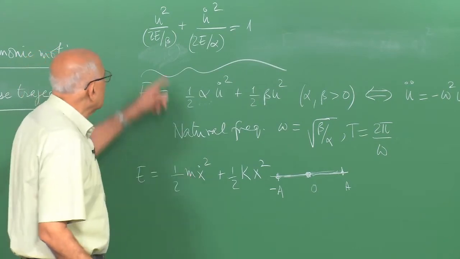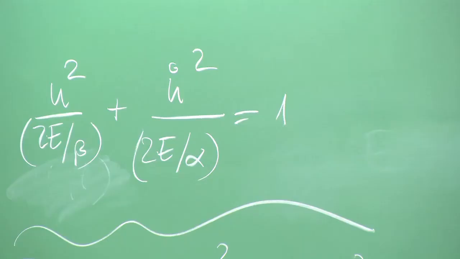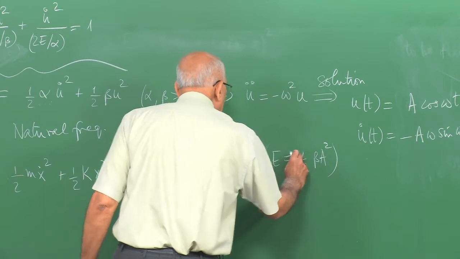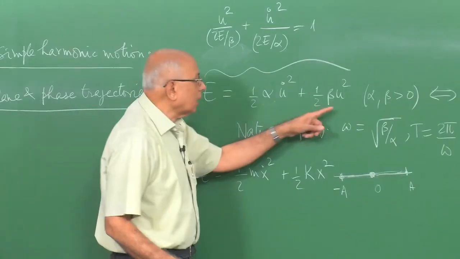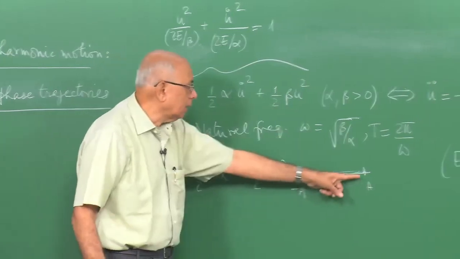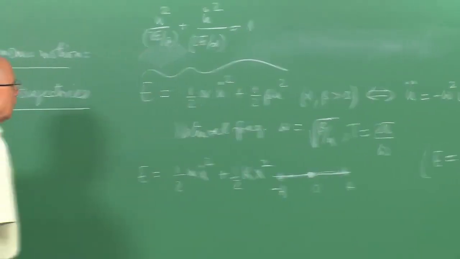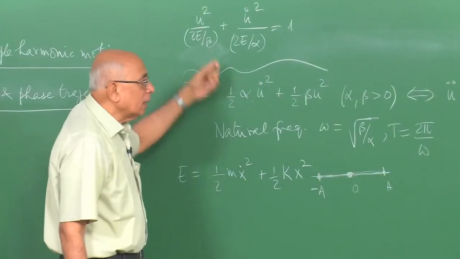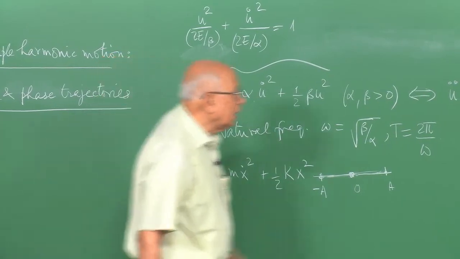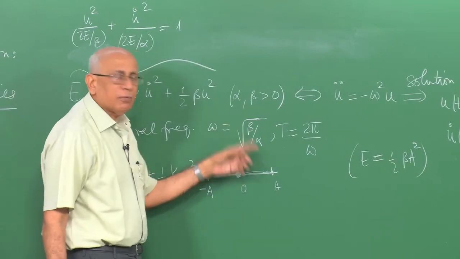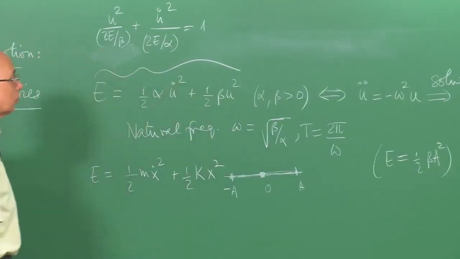We already know that the energy is related to the amplitude, in this case by E equal to 1/2 beta A squared, because when the kinetic energy is 0, the potential energy is at a maximum, and that happens when u is at a maximum, which is A out here. So this equation that I have written there is nothing but this, it is the same thing. All you have to do is to identify E with 1/2 beta A squared and omega squared with beta over alpha, and it is the same ellipse as before.